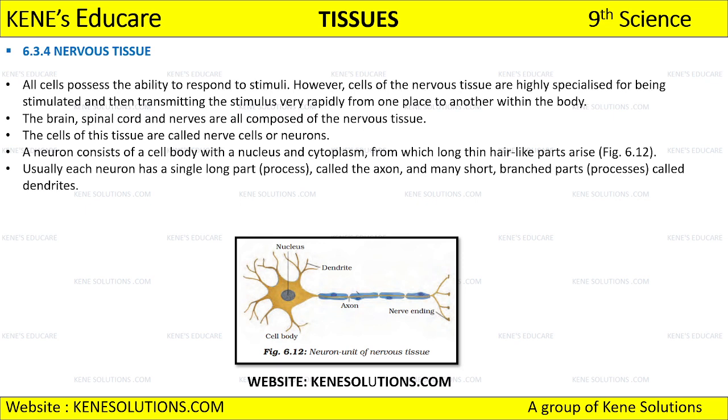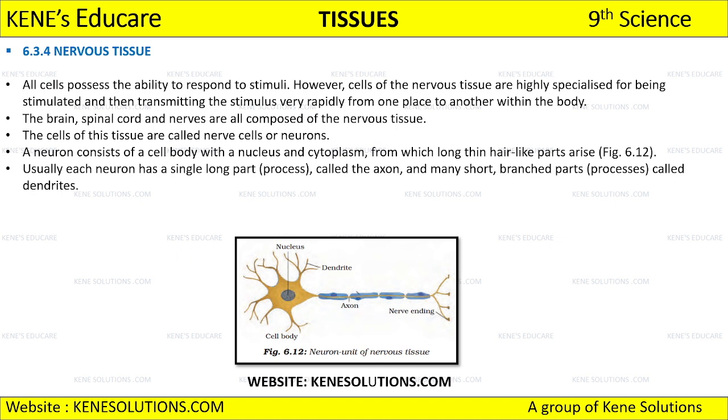What happens over here? All the cells are specialized, but the cells of nervous tissue are specialized to be stimulated and to transmit stimuli very rapidly from one place to another.